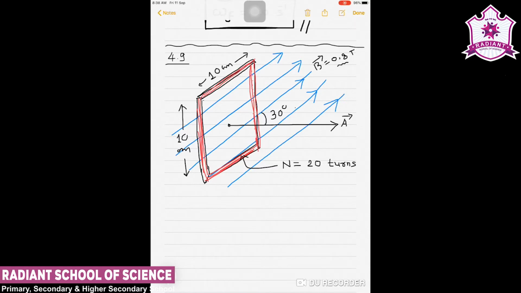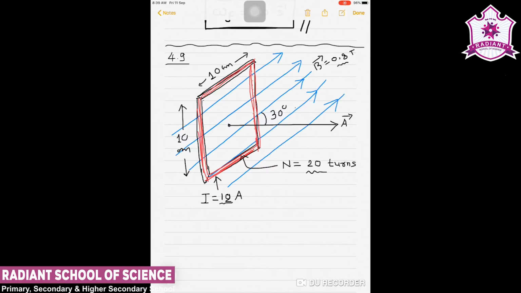We consider that there are a total of 20 turns and each side is 10 centimeter long. It carries a current of 12 ampere through it.